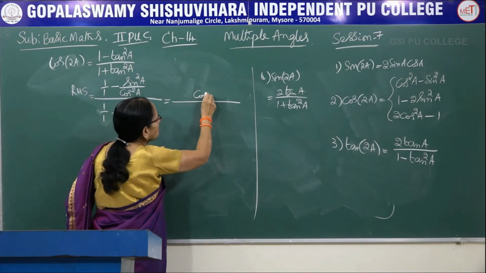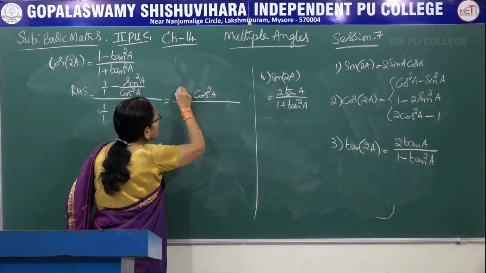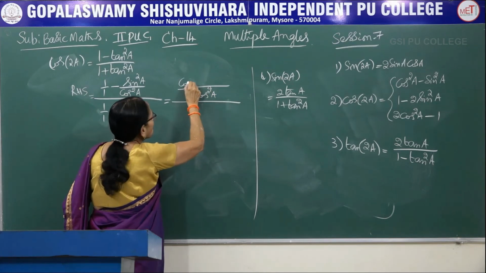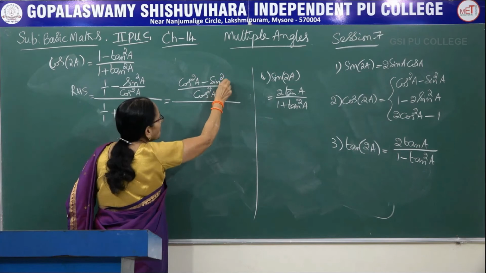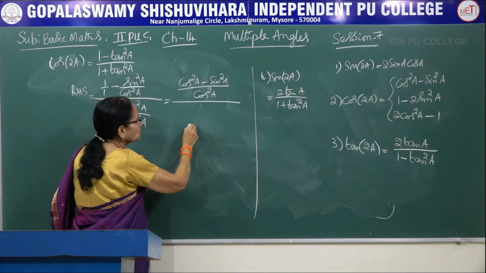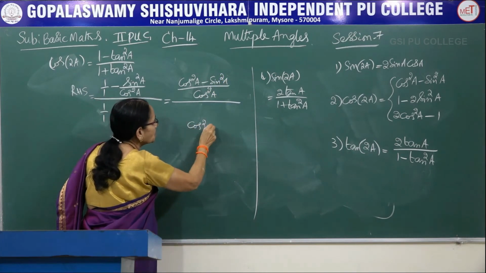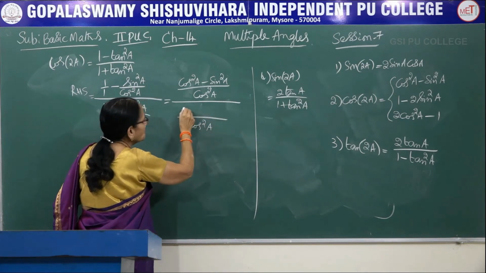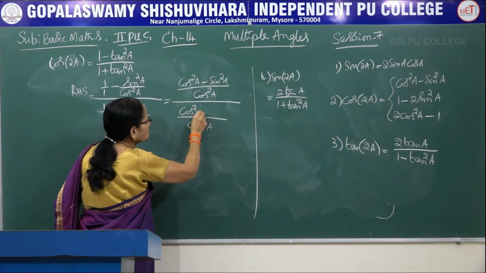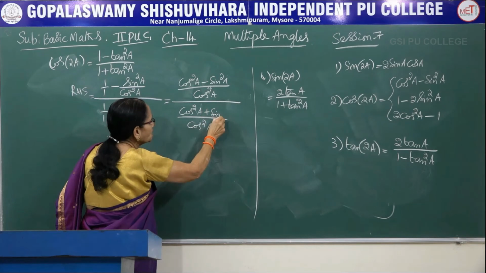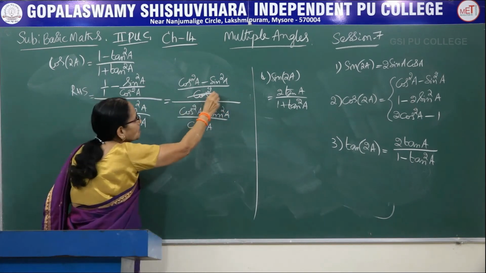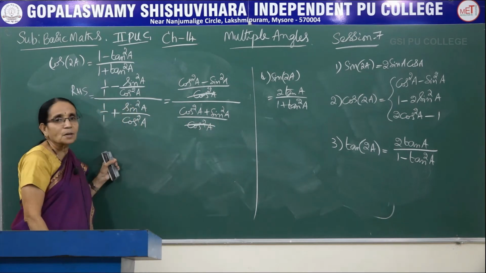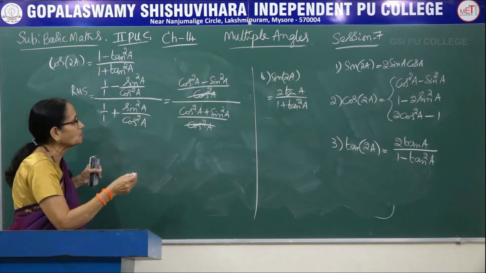The LCM being cos square A, the numerator becomes cos square A minus sin square A. Denominator also, the LCM being the same term, cos square A, whereas here it is cos square A plus sin square A. Be careful about the sin. See, in this case, you can do the cancellation because they are having the same power, same degree.